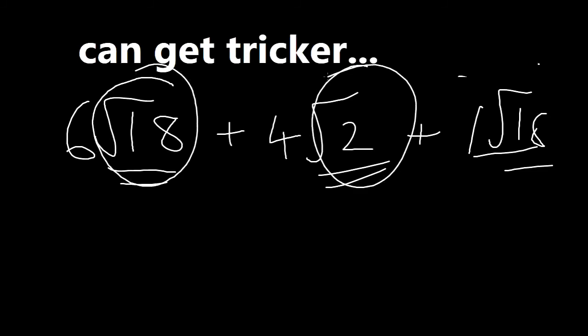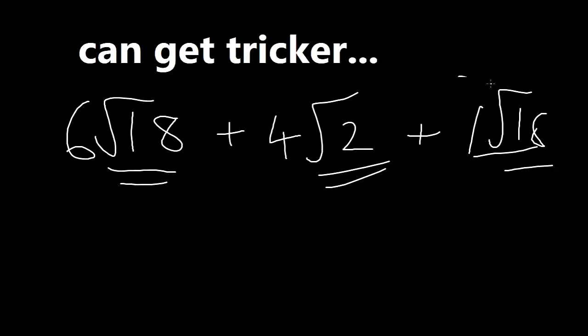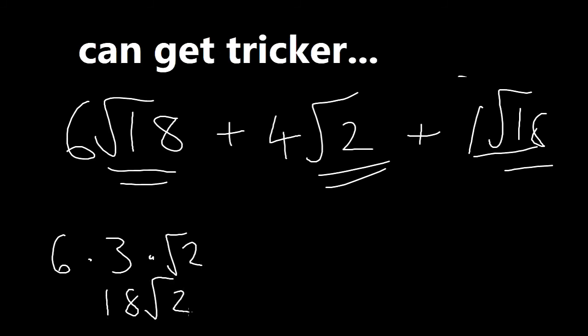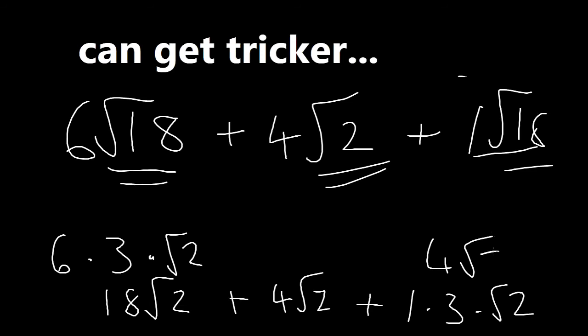We need to remember every time to get each surd into its simplest form before we do our adding or subtracting. Root 2 is a prime number, it can't be simplified anymore. However, these root 18s, as we know from simplifying in our last tutorial, can be simplified. 6 root 18 is the same as 6 times 3, because it's root 9 times root 2, which is 18 root 2, plus 4 root 2, which is simplified already, plus this last one, which is 1 times 3, because root 9 times root 2, which is 3 root 2.